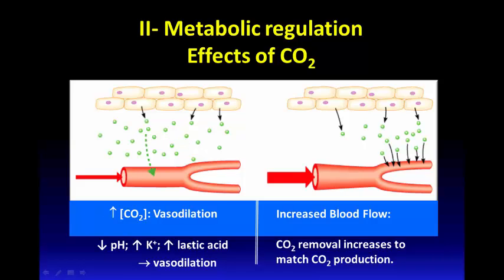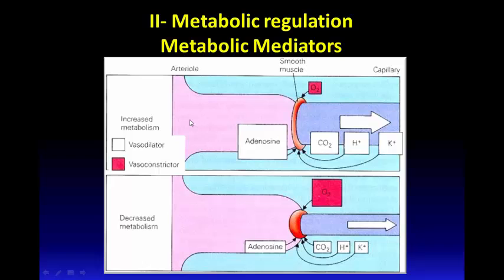These, together with the elevated carbon dioxide in the interstitial fluid, produce relaxation of the smooth muscle cells of the arterioles, hence arteriolar vasodilatation and an increase in blood flow.